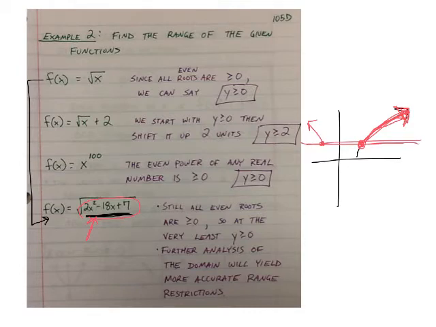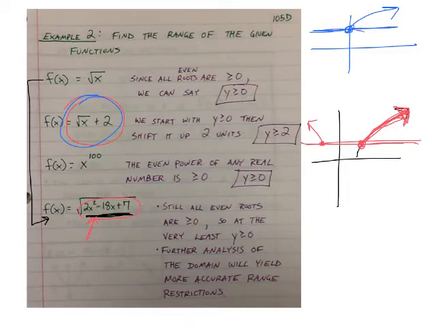So looking at the second example, we have a root function that we've shifted up 2 units. So if we take our square root and move it up 2 units, we find that our range is y is greater than or equal to 2. And the third one, we have an even power, and the even power of any real number is going to be positive.